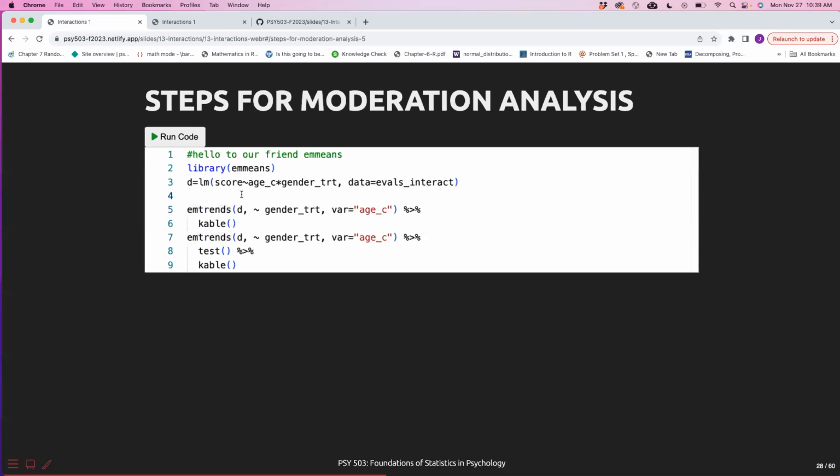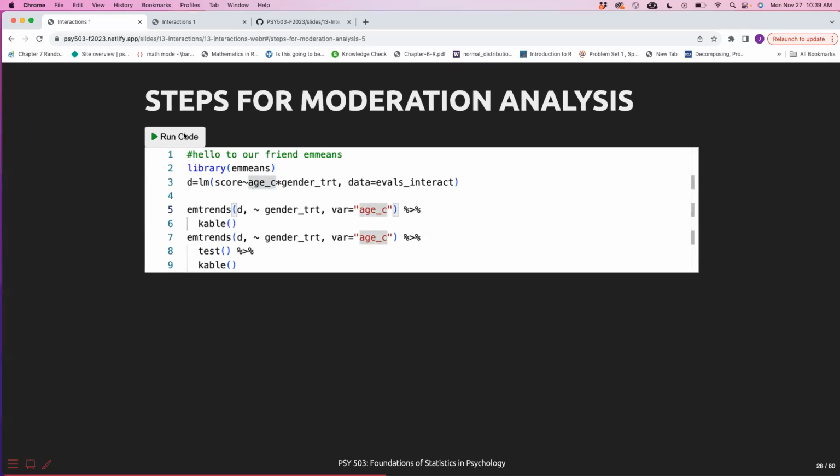So when we're doing these categorical by continuous or continuous by continuous models, we're probably going to be using emtrends a lot. Essentially, we're going to input our model that we fit. We're going to tell it what our moderator variable is, so it's going to be gender treat. And then we're going to tell it what our focal predictor, or our IV, is, and that's going to be age underscore C.